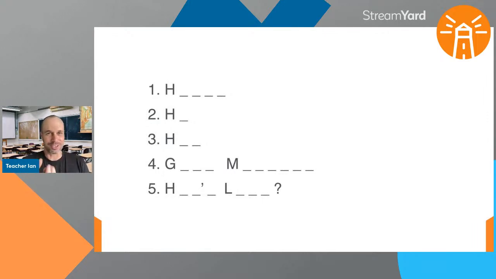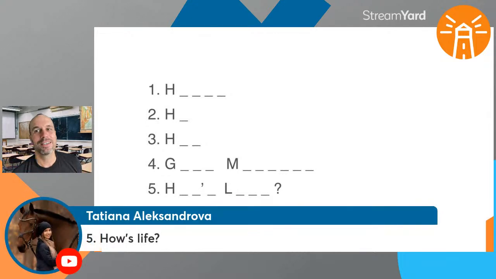She's an English teacher or becoming an English teacher, and you might want to use this one with your students. Very good, Tatiana. How's life? So that's a very common expression we see when we first start talking to somebody. Hey, how's life? How's it going? And then the person would just say, oh, it's good, it's great, not too bad, something like that.